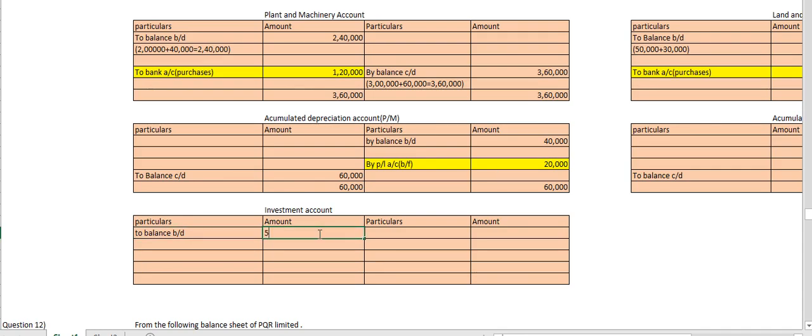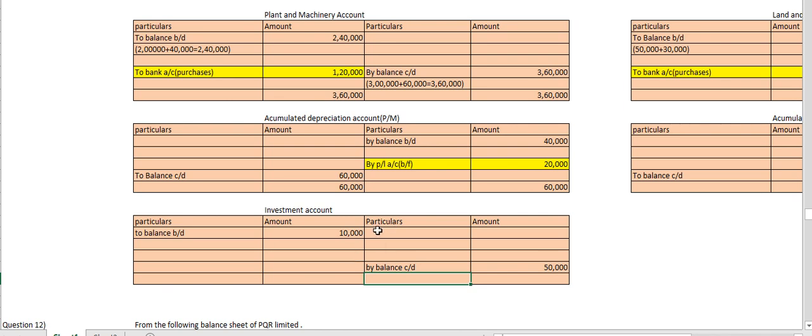So the opening balance is 10,000, by balance carried down $50,000. So if you see in the question, they are telling the investment has been sold.